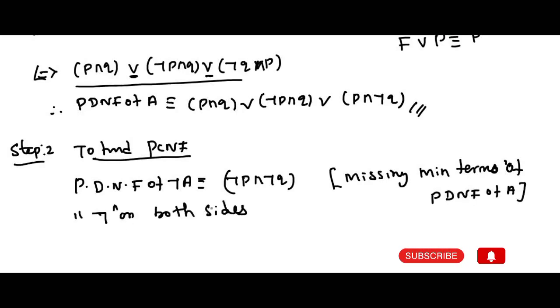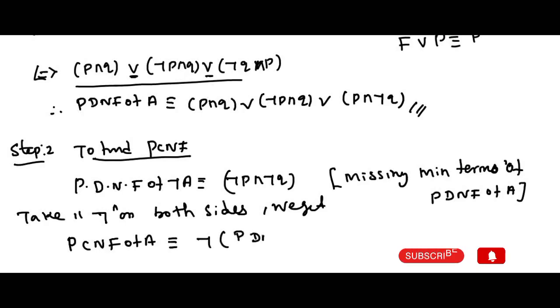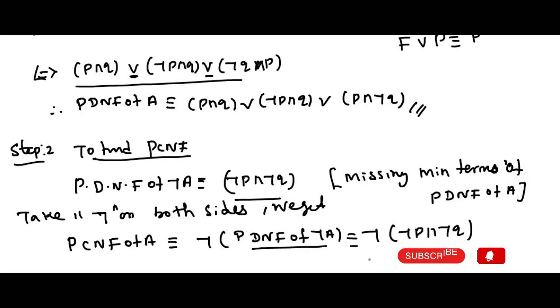Take negation on both sides in the above step. This gives the PCNF answer. So the PCNF of A is equal to negation of the PDNF of negation A. We know the PDNF of negation A is this term, so negation of negation P and negation Q. We can write negation of negation P as P, and negation of negation Q is equal to Q only.